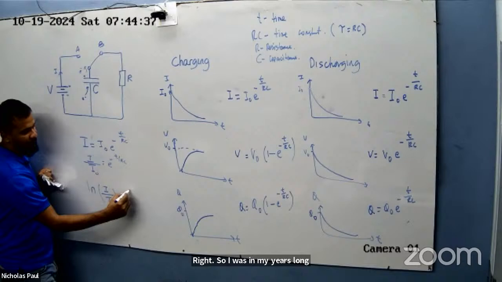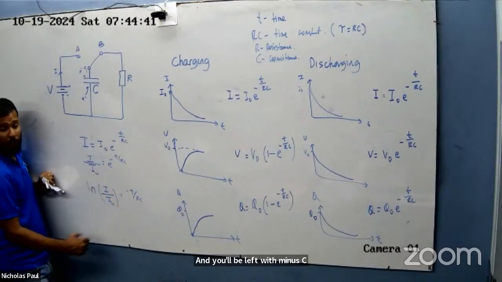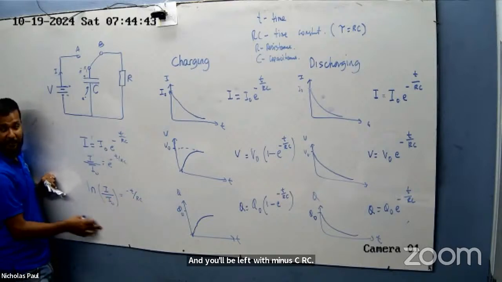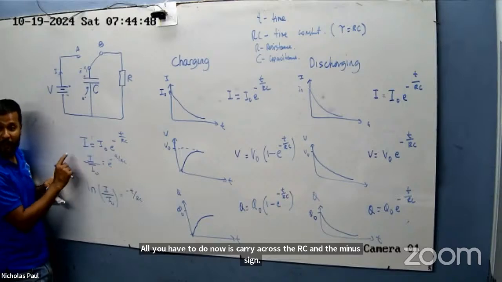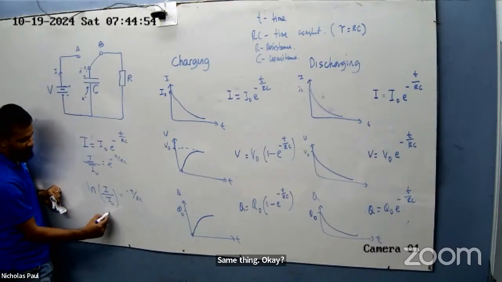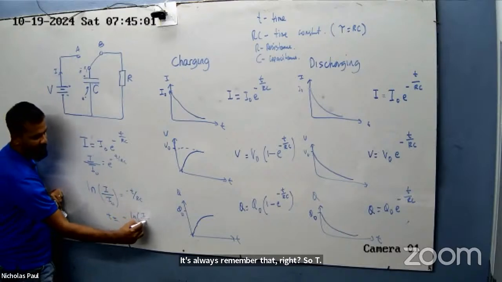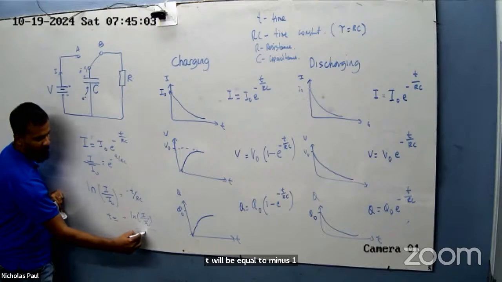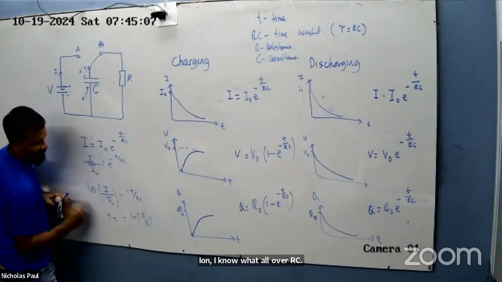And you'll be left with minus t over RC. All you have to do now is carry across the RC and the minus sign. That's it. The opposite of E is ln, like how the opposite of sine is sine inverse. Same thing. So t will be equal to minus ln of I on I naught, all multiplied by RC.